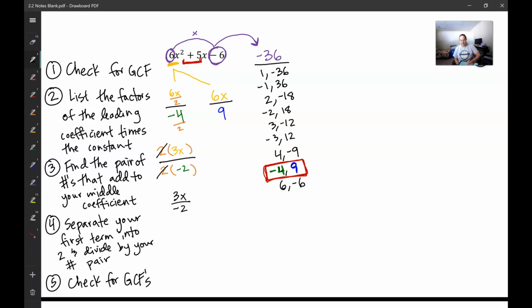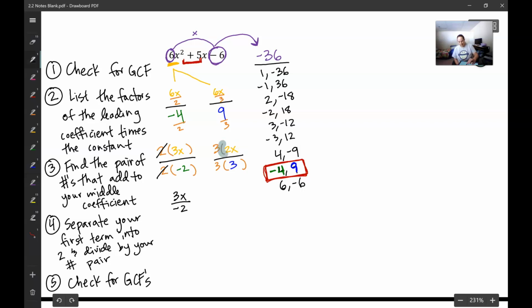Now I'm going to do the same thing over here. So check for GCFs. Is there anything that the top and bottom have in common? Well, yeah, they have a 3 in common. So I'm going to take out or divide each of them by 3. So 6x divided by 3 leaves me with a 2x, which I'm going to do in yellow. And a 9 divided by 3 leaves me with a 3.